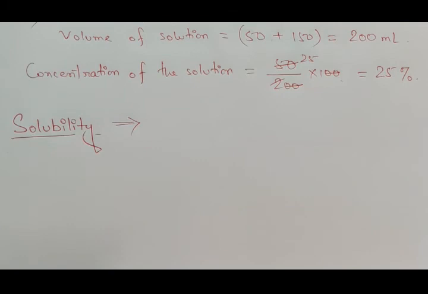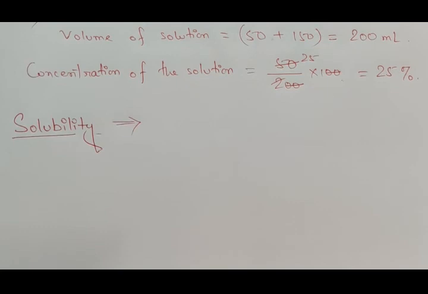The solubility can be expressed in terms of the solute only. So the maximum amount of a solute which can be dissolved in 100 grams of a solvent at a particular temperature, it is called the solubility of that solute in a particular solvent at a given temperature.